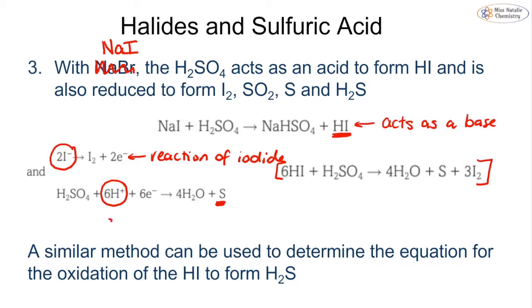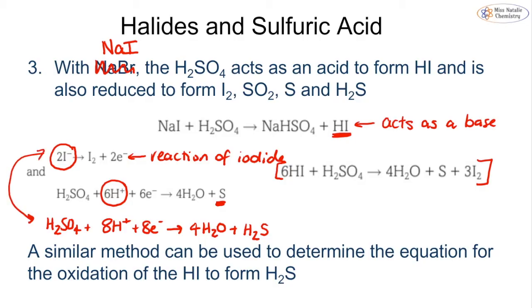That's when you're reacting it with 8 hydrogen ions, so our H2SO4 with 8 hydrogen ions and 8 electrons in order to form the 4 waters and H2S. So if I combine these 2 equations together, I'm going to have to multiply the top one by 4 to give me my electrons cancelling out.